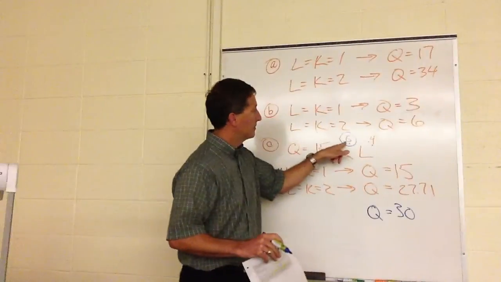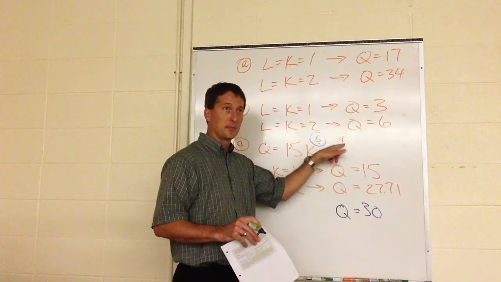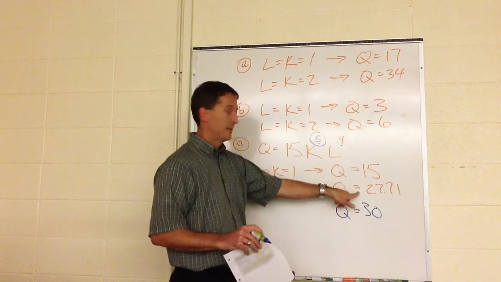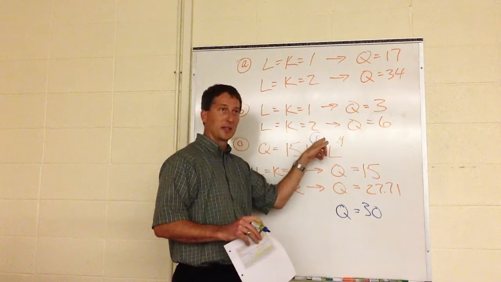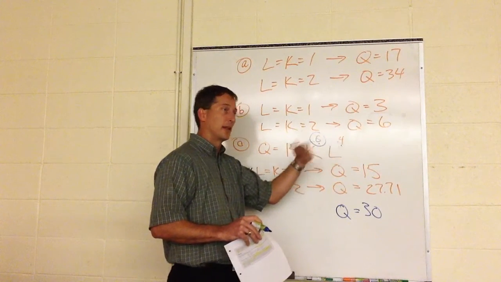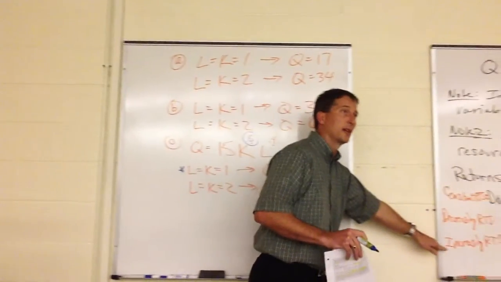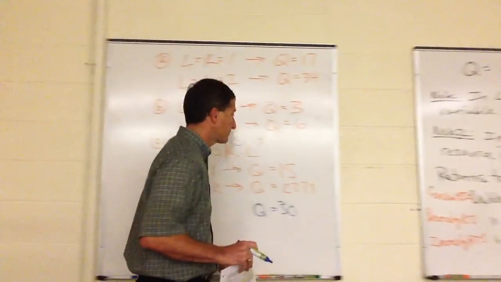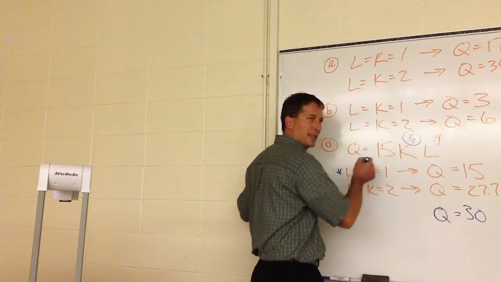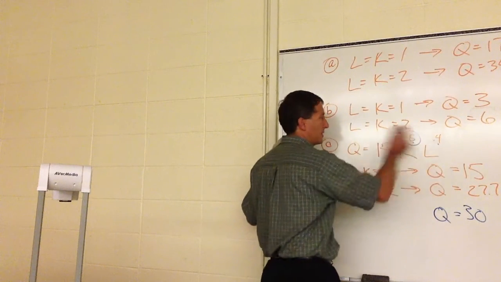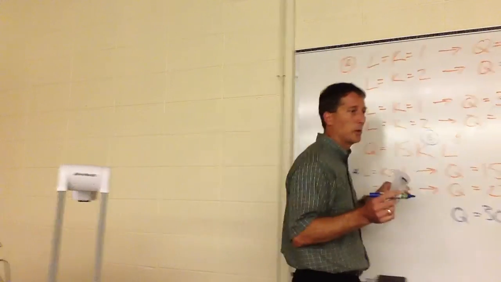If the exponents sum to less than 1, we get decreasing returns to scale. If the sum of the exponents is greater than 1, then we get increasing returns to scale. This is known as a Cobb-Douglas production function, a specialized form that we see.